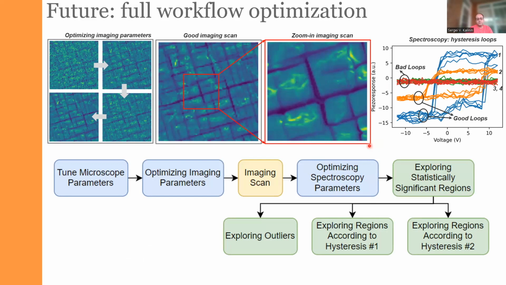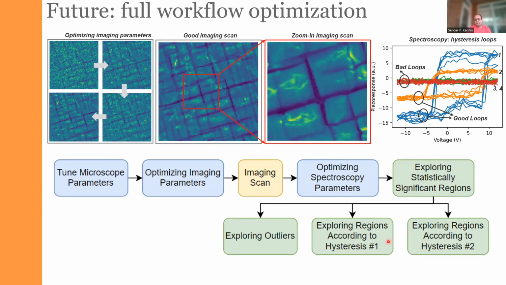So the future is, of course, going to the full workflow optimization. So in this case, if we expand our definition of microscopy experiment, it's actually becoming a little bit more refined. So we need to start with tuning, imaging optimization, overview scan, optimizing spectroscopy, and then we can explore the statistically significant regions, explore outliers, and then drive the exploration driven by certain hypotheses.